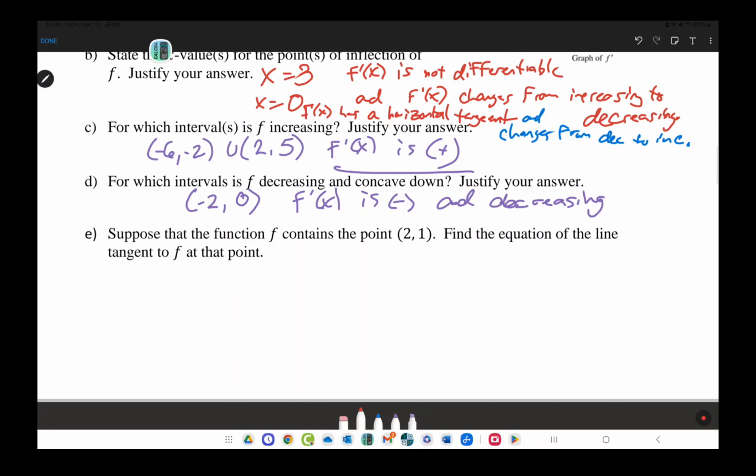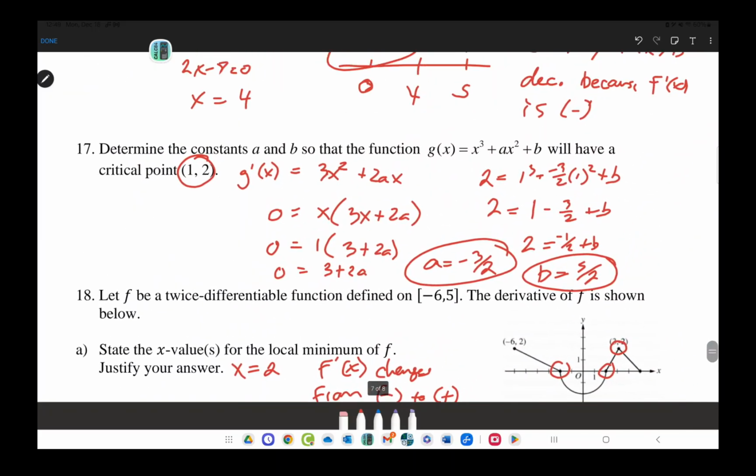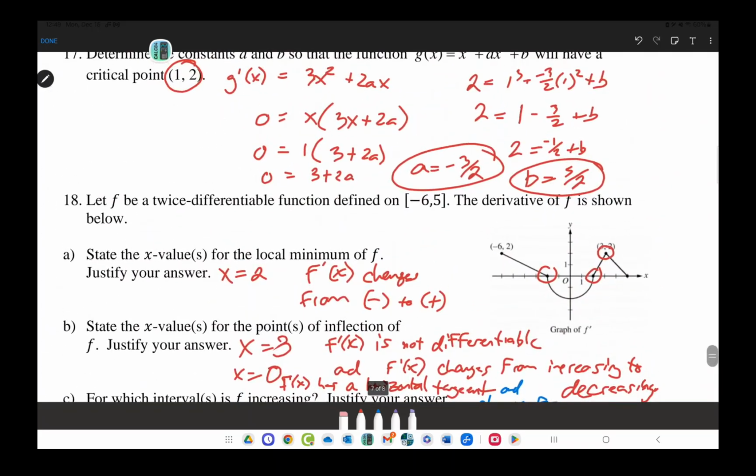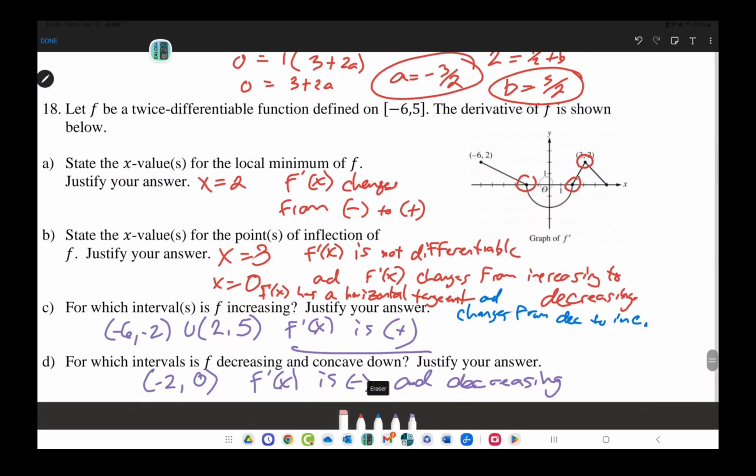So suppose the function f contains the point 2, 1. Find the equation of the line tangent to f at that point. All right, so we're looking at 2, 1. So right here, right? Well, what do we know about f prime of x crossing the x-axis?